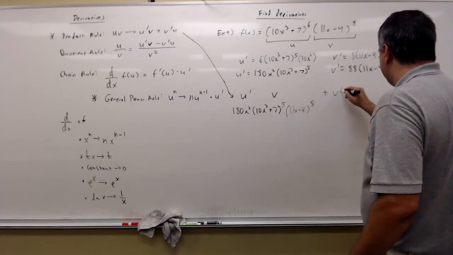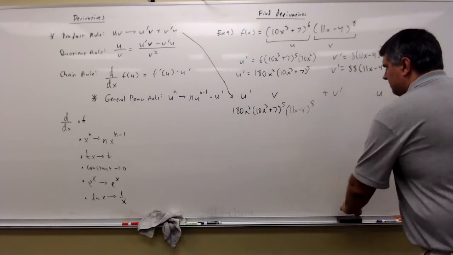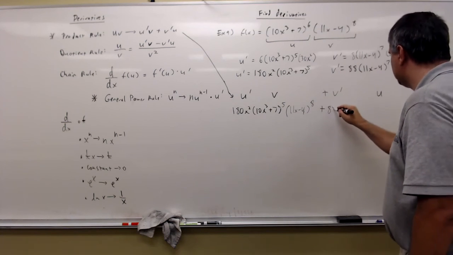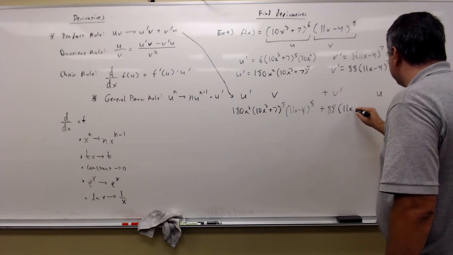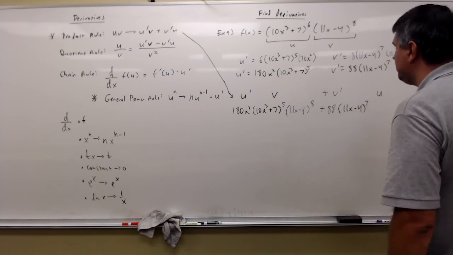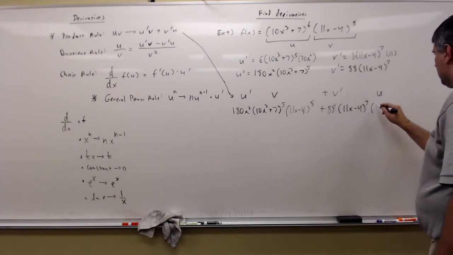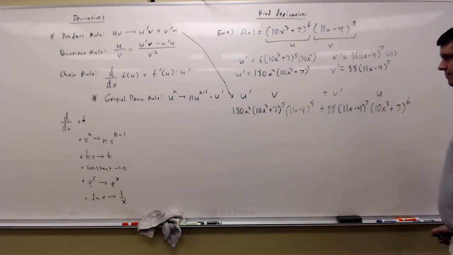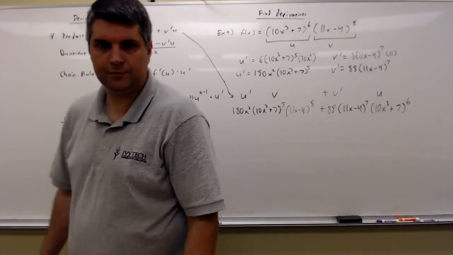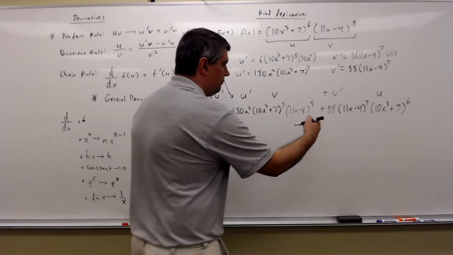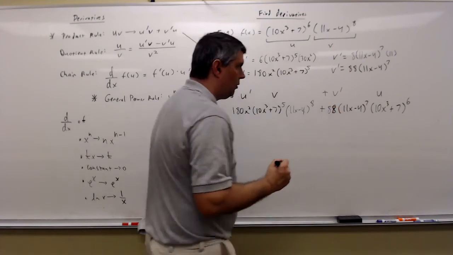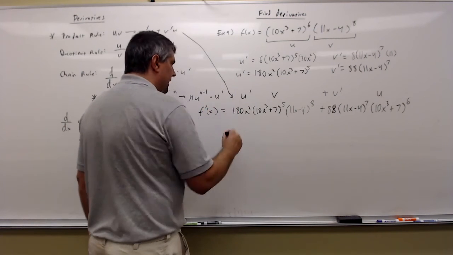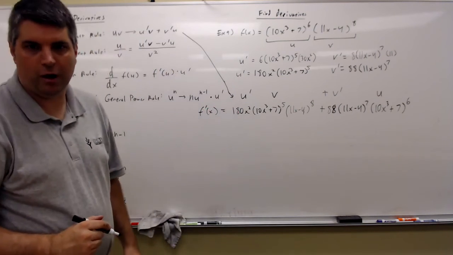Plus v prime u. V prime is 88 times 11x minus 4 to the 7th, and u is 10x cubed plus 7 to the 6th. I'm going to make this 88 look a little bit more visible. All right, so this is f prime of x, and it's in one form.